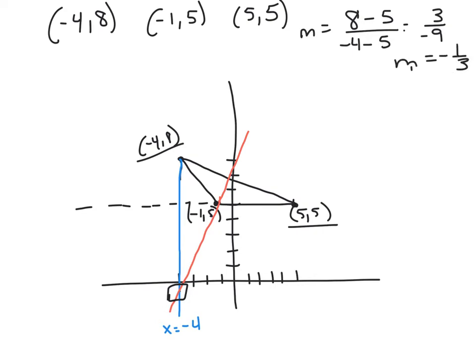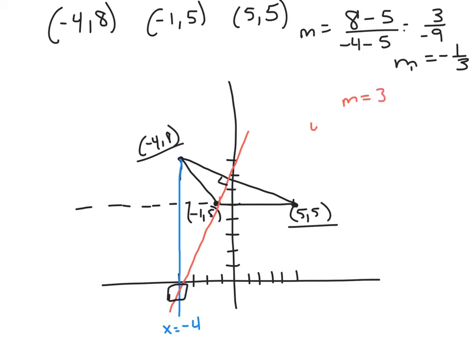Now that is the slope of the line that contains the 2 points, negative 4, 8 and 5, 5. My red line happens to be perpendicular to that because altitudes are perpendicular. So if the slope is negative 1/3 between my 2 points, the slope of my red line is going to be the opposite inverse. So my new slope is going to be 3.